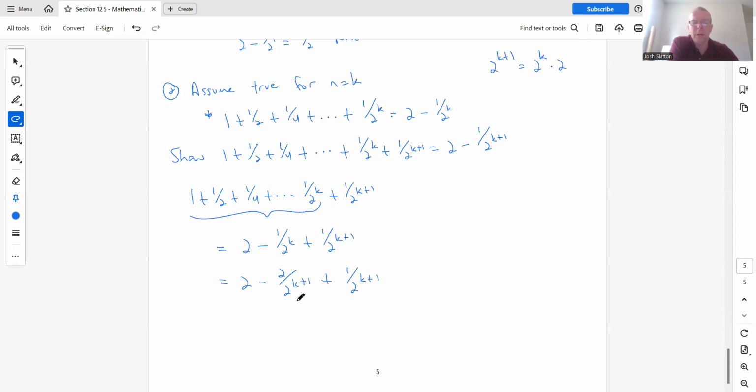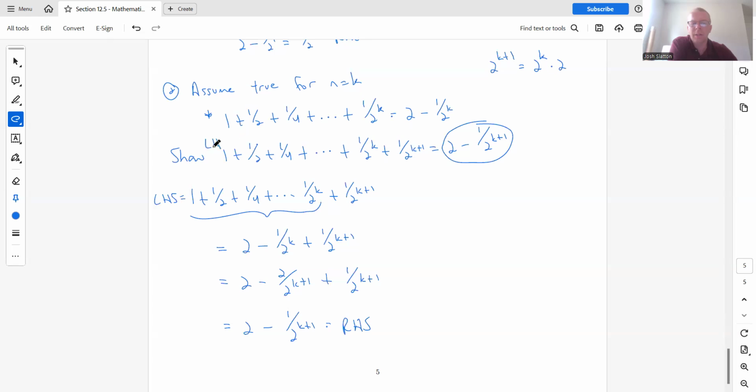And so now we have the common denominator. Actually, let's not do another step, because we have the negative. So we can just do negative 2 plus 1, and that would be a negative 1. So minus 1 over 2 to the k plus 1. And that's what we got. So there is our right-hand side.